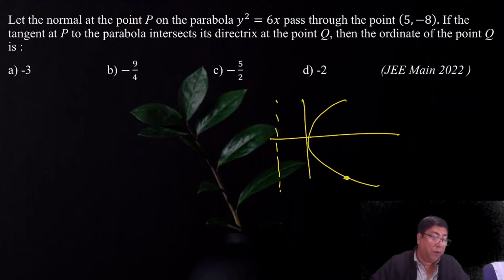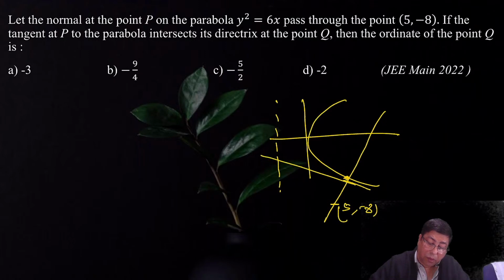It means suppose this is the normal and it is passing through 5 comma minus 8, and in this case meeting the directrix at the point Q. So this is the Q. Since it is a directrix, directrix is x equal to minus a. Therefore, we can write the Q point as minus 3 by 2 comma y.